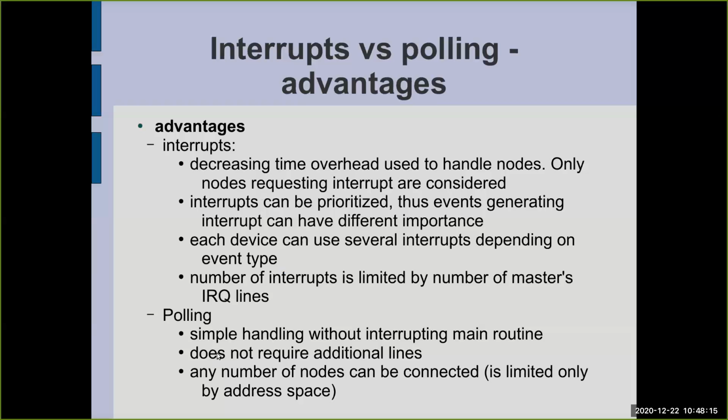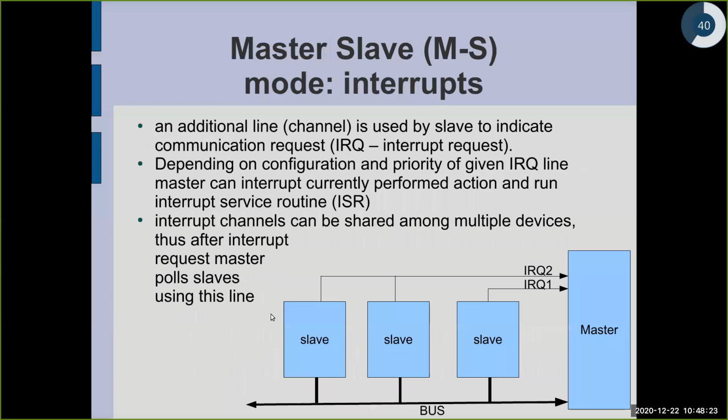The second benefit of polling is that we don't need additional lines, because in case of interrupt, we have to physically connect master with additional wires. So for example, for wireless interfaces, it is impossible to do it. We can only do it for peripherals which are embedded on the mainboard or physically integrated with your computer.